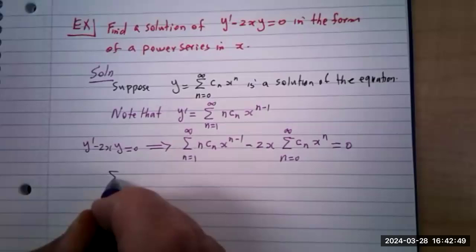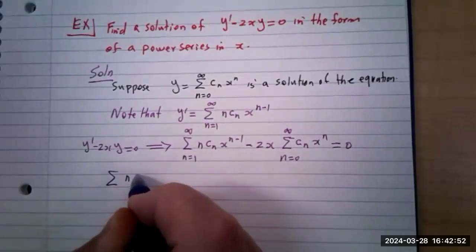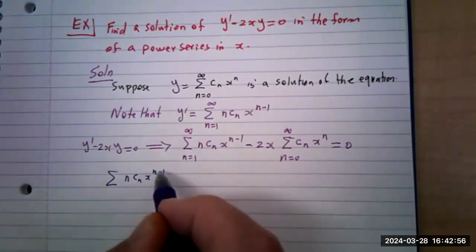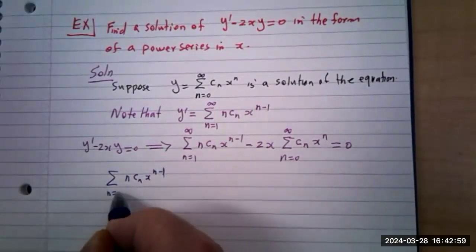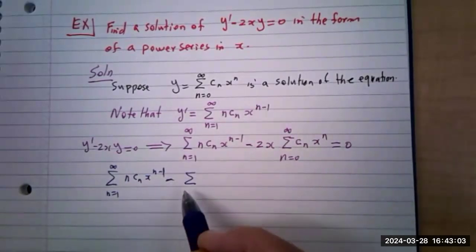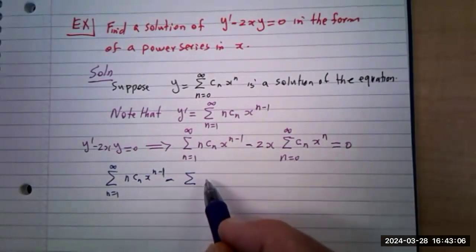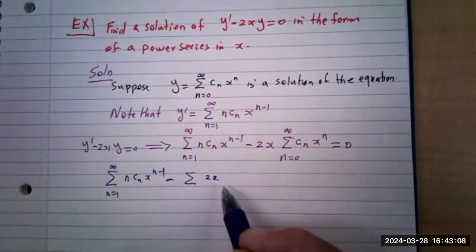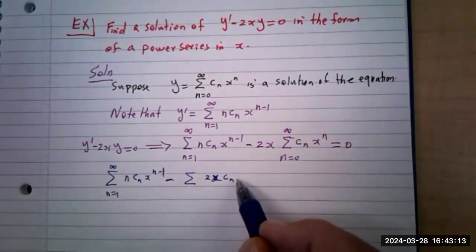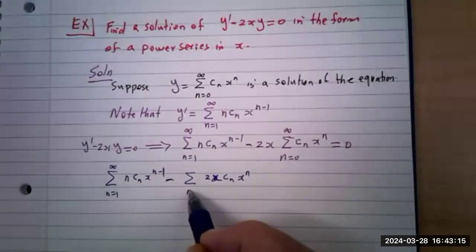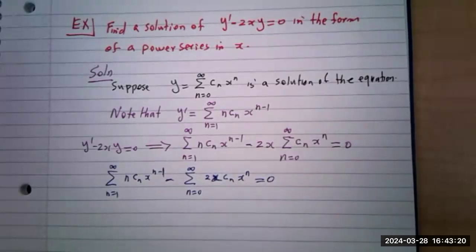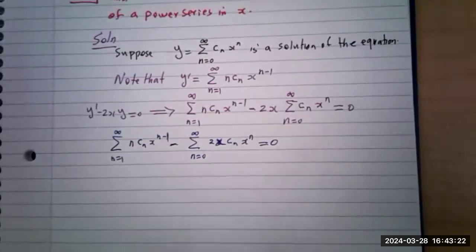So we continue, that gives you sigma of n Cn x to the n minus 1, the first one, n from 1 to infinity. And this is going to be minus sigma of, just take the 2x inside, 2x times Cn x to the n from 0 to infinity, equal to 0. X times x to the n would be x to the n plus 1.